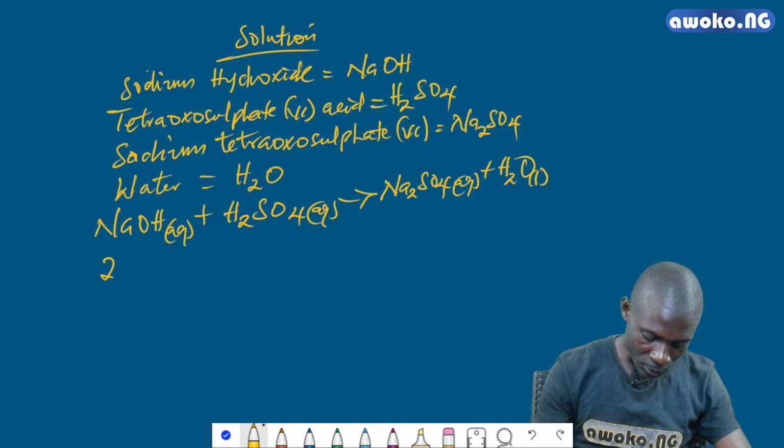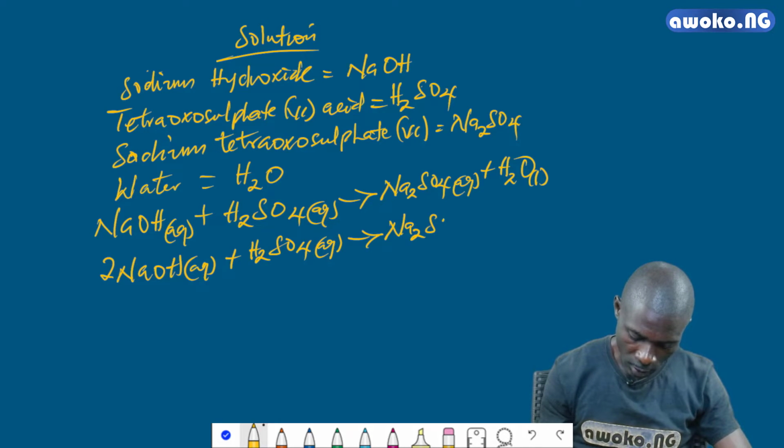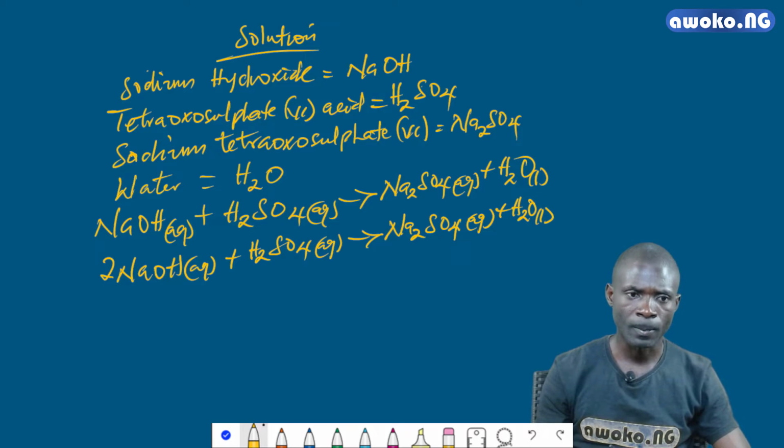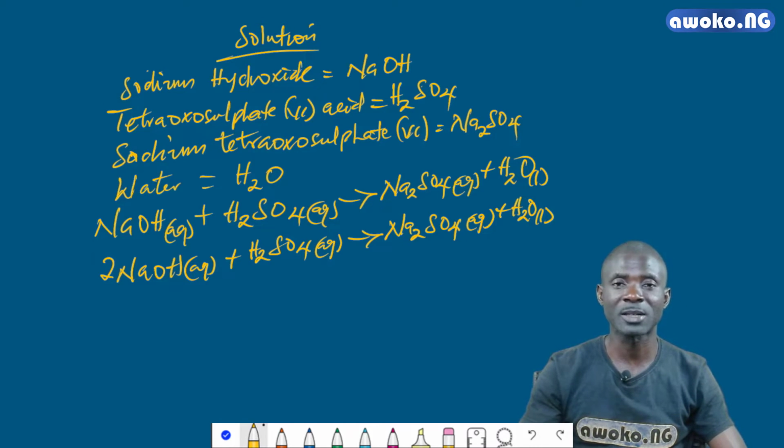So my new equation will now have 2NaOH plus H2SO4 to produce Na2SO4 aqueous plus H2O liquid. Now I have 2 atoms of sodium at my left hand side and 2 atoms of sodium at my right hand side. So the sodium is now balanced.